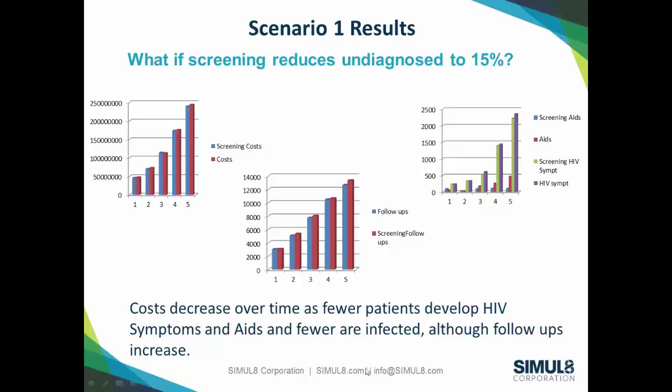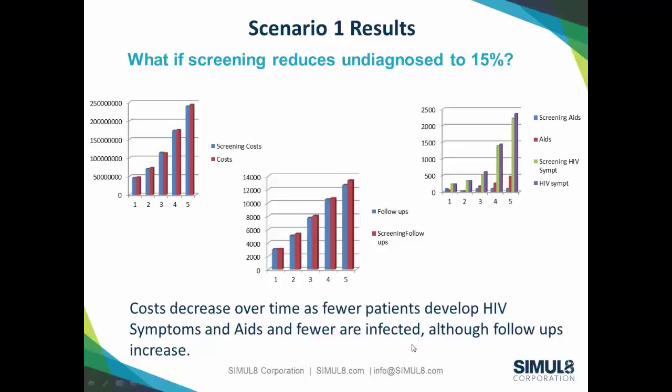So costs are decreasing over time as fewer patients develop HIV symptoms and AIDS and fewer are infected, but of course your follow-ups are increasing, so we are going to have to manage that additional capacity, and again I'll come on to that.